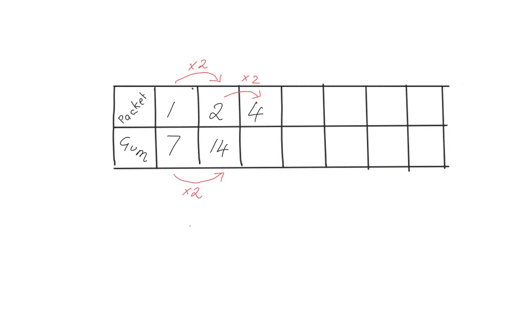So we double 14. How do we work out double 14? Most students would have used the split strategy and said double 10, so 2 times 10 equals 20, plus 2 times 4 equals 8. Add those together and we've got 20 and 8 equals 28. So 4 packets is 28.